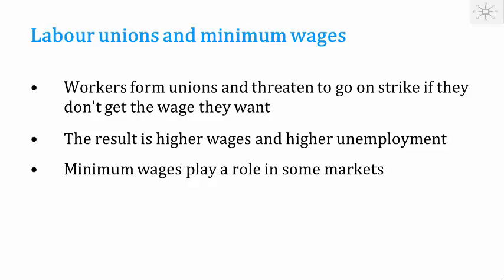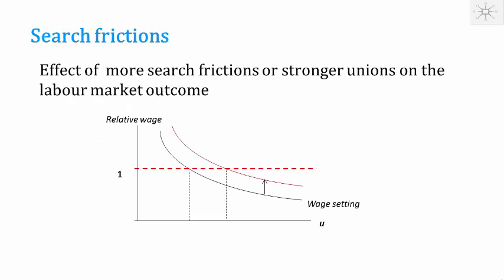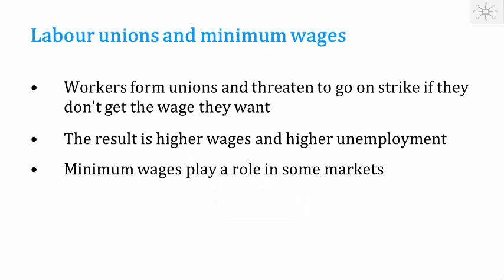And we can then go back to this graph again. If workers have bargaining power and they can then push up the wage above the level that the firms would have set, that means that the wage setting curve shifts up, and the result is higher unemployment. So in this simple model, unions are actually creating unemployment.